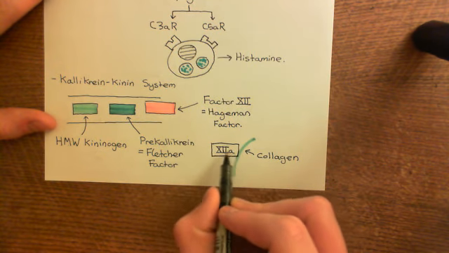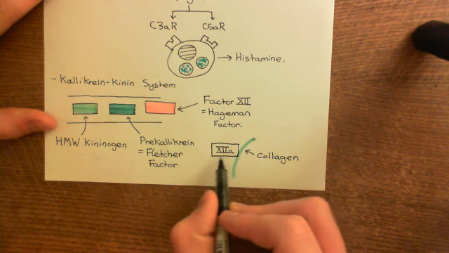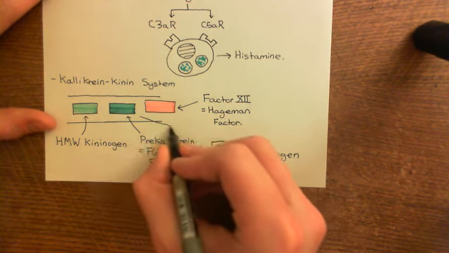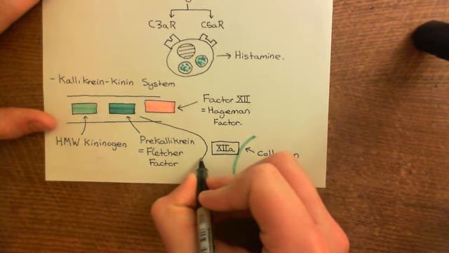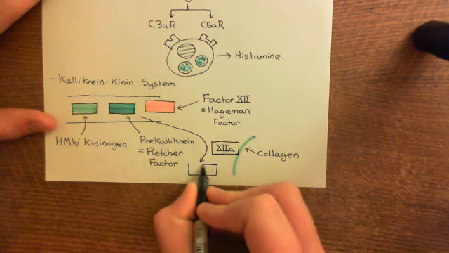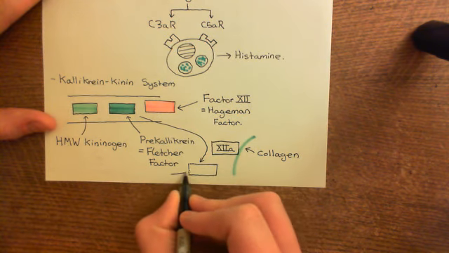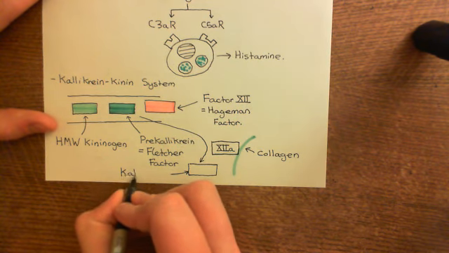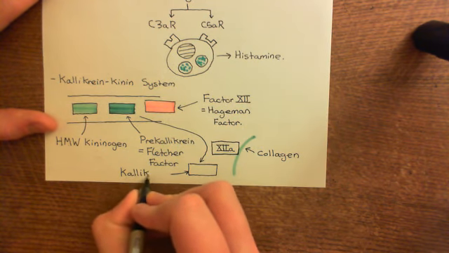So once Hageman factor is bound to collagen, it gains catalytic activity, and it's now going to work on the prekallikrein that has followed it out of the blood, and it's going to convert it into what's called kallikrein, or you could call it activated Fletcher factor. But kallikrein is a more common name for it.